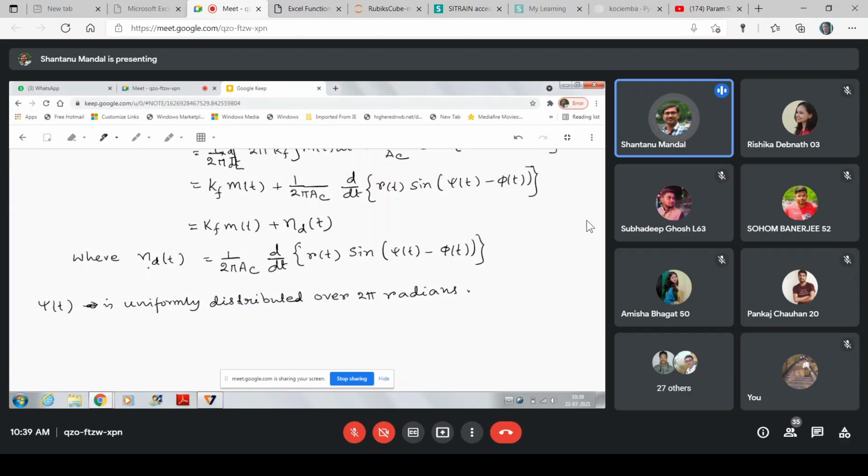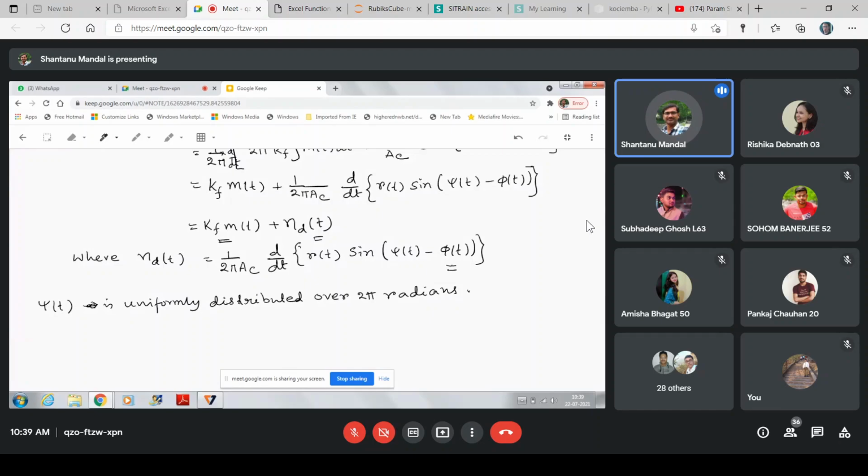The signal part can be obtained here, and this is the noise part. When we determine the noise power, first we determine the mean square value of the noise. In n d(t), the phi t part is also there.